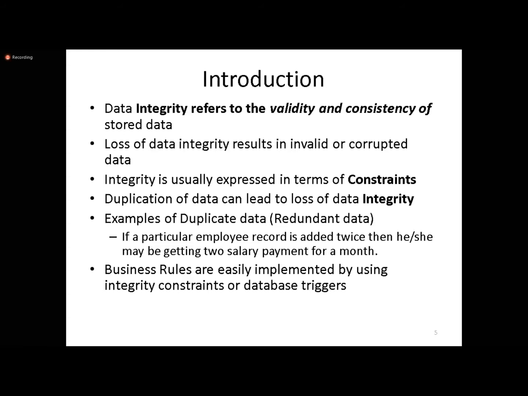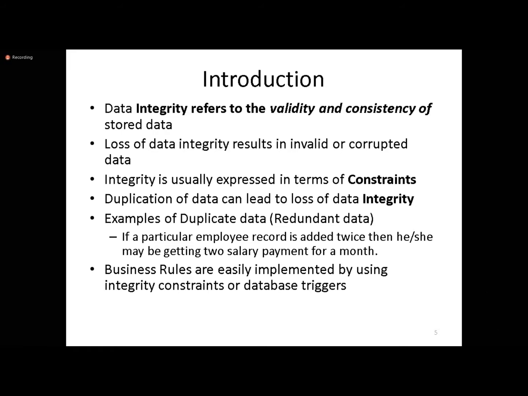Normally, integrity is expressed in terms of constraints. For example, duplication of data can lead to loss of data integrity. So if you have duplicated records, then you may lose integrity. One example would be if a particular employee record is added twice, then he or she may get two salary payments for a month.